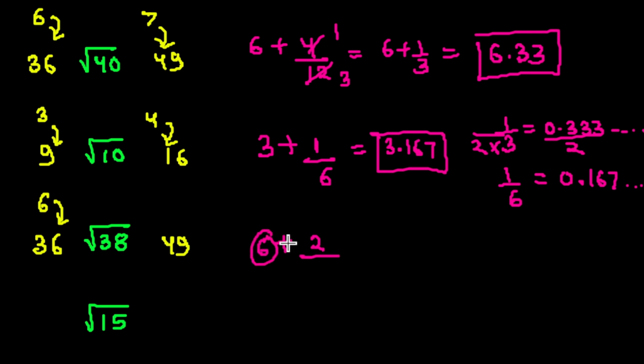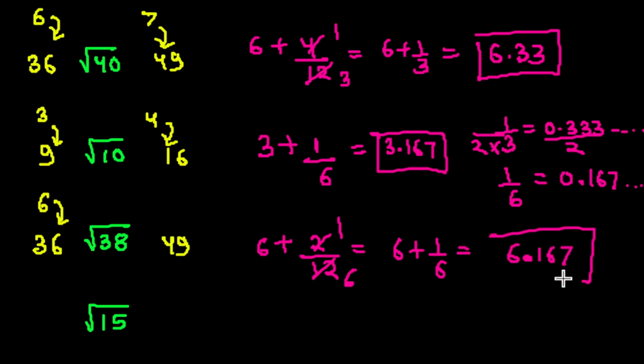And you divide it by this number times 2. 6 times 2 is 12. If I simplify, we can write it like this. So 6 plus 1/6. And 1/6 we wrote a while ago here. So 6.167, and that is supposed to be the answer here.